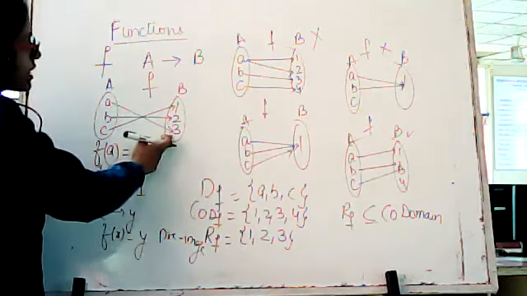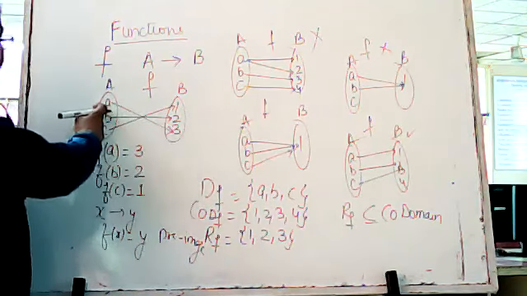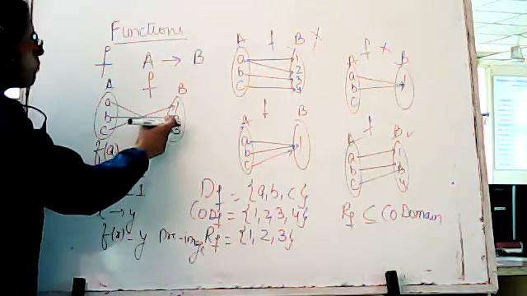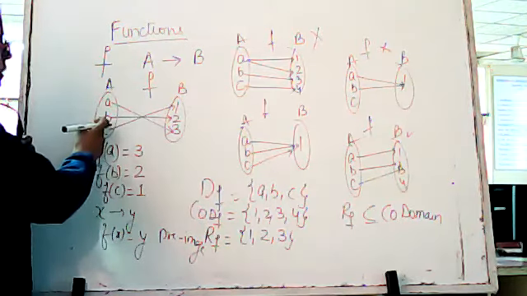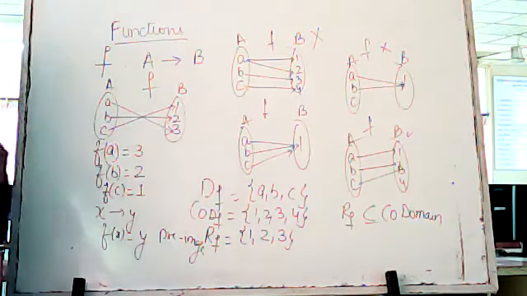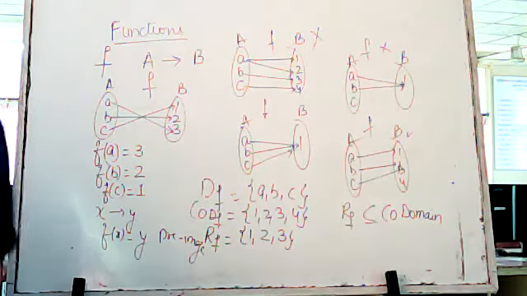A की इमेज 3 है, पर 3 की प्री-इमेज क्या है? A. B की इमेज 2 है, but pre-image of 2 is B. Image of C is 1, but pre-image of 1 is C. ठीक है?